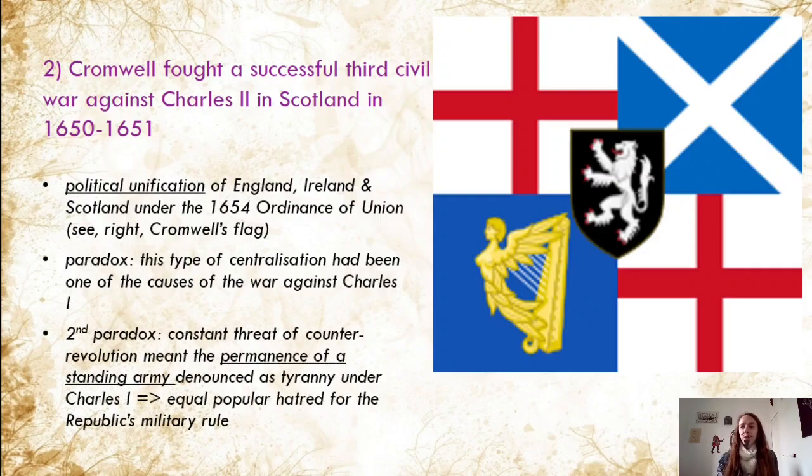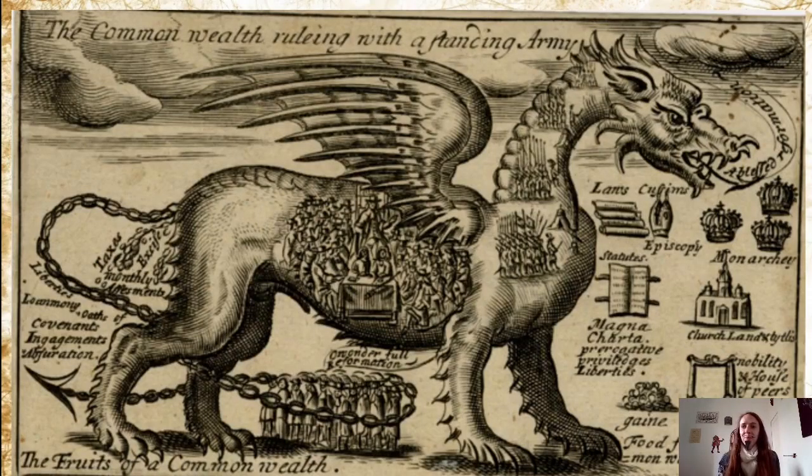The second paradox was the constant threat of a counter-revolution, meaning that the permanence of a standing army was seen as necessary by some, but denounced as tyranny under the reign of Charles I, led to equal popular hatred for the Republic's military rule. So similarly, we see that paradox of a situation that was denounced, that was replaced by a situation that is not too dissimilar to it.